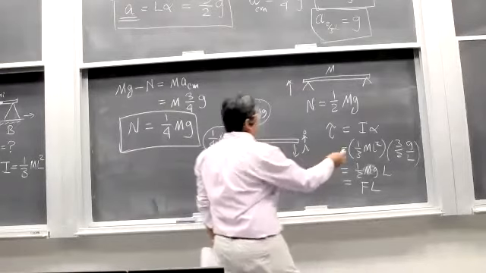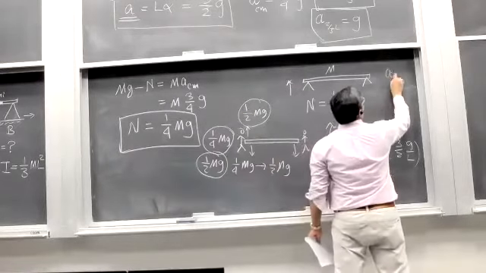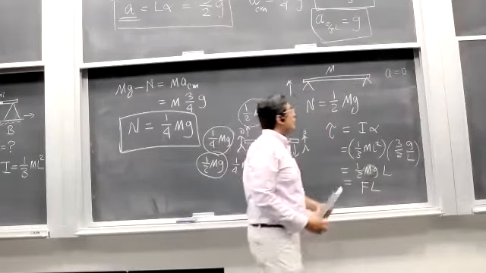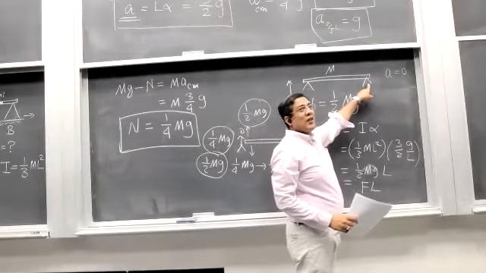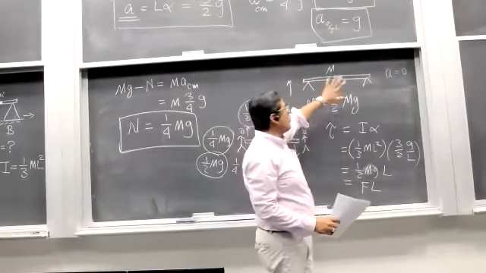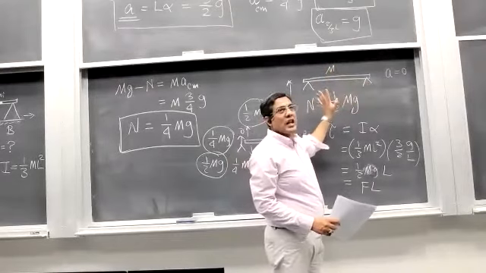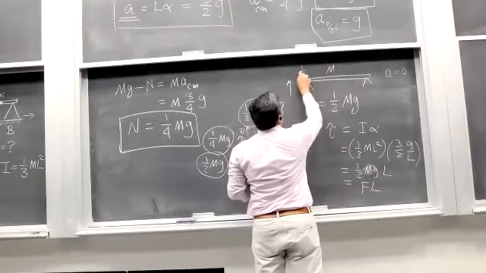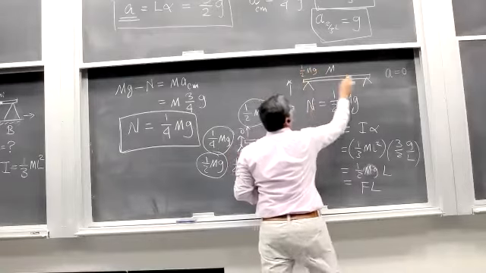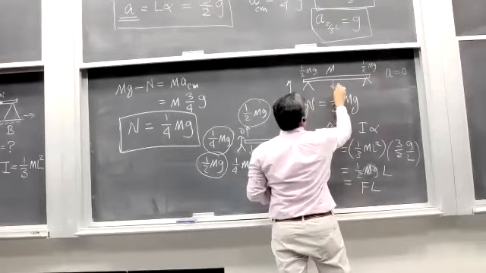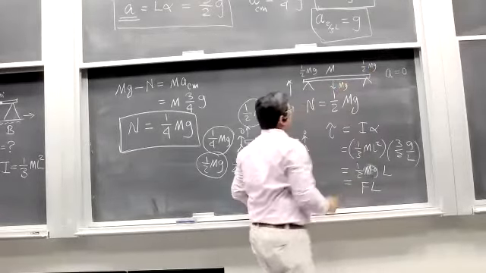Now let me say this about the end that is moving. The end that is moving, its acceleration is 0, because the normal force is half mg, and together with this normal force, the system is in equilibrium, no movement, nothing is happening. Both ends are exerting exactly this much force upwards to counter the weight, which is mg, and nothing is moving.